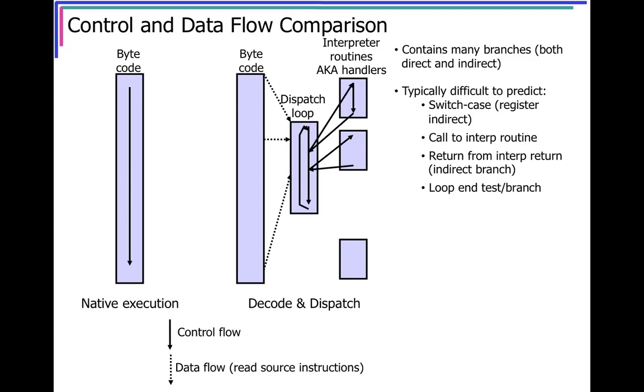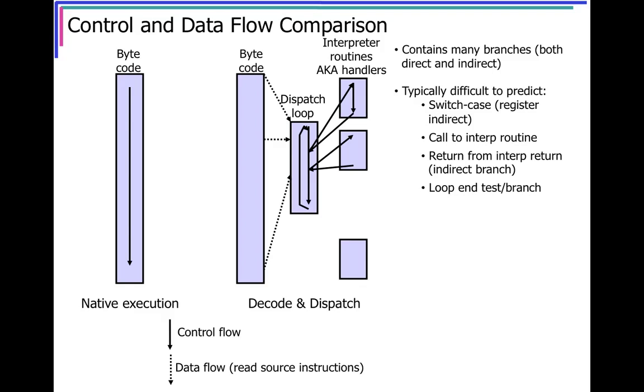The interpreter routines, every time we call a handler, there's an overhead of an indirect jump to the call. Sometimes we can do a direct jump if we know exactly where we're jumping to, but still it's difficult to predict the address because we don't know what handler we're going to execute. Again, it's dependent on what the program is doing.